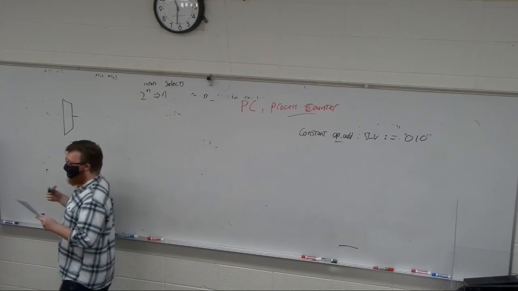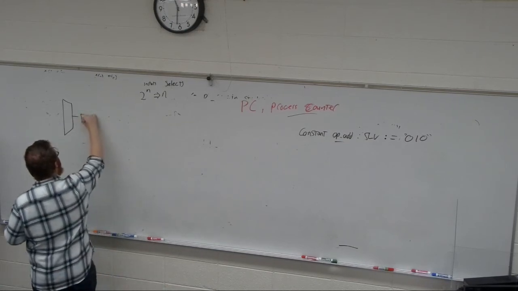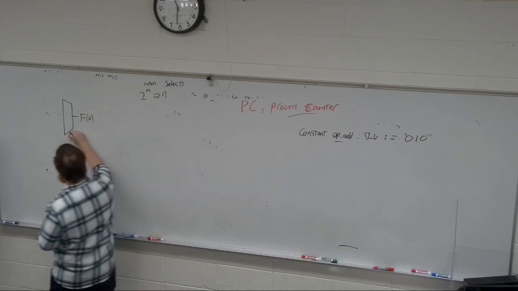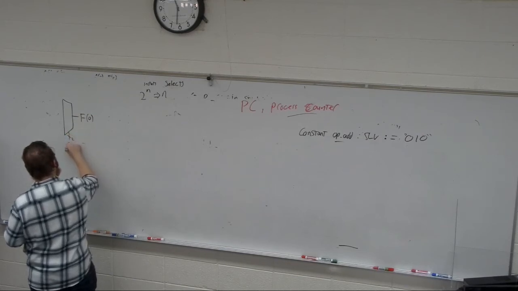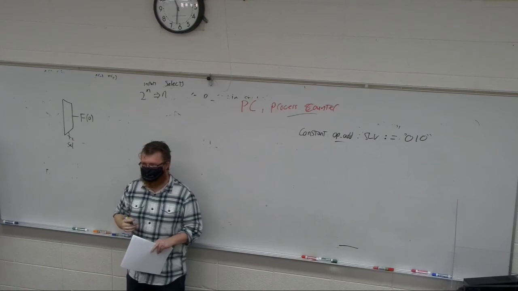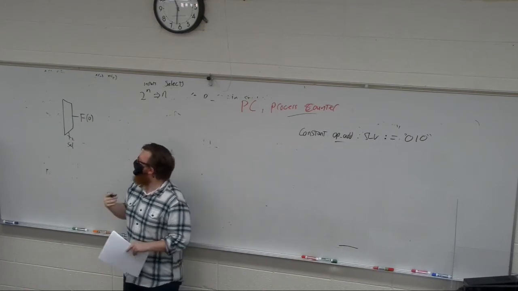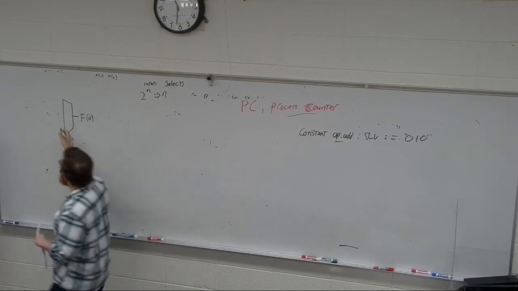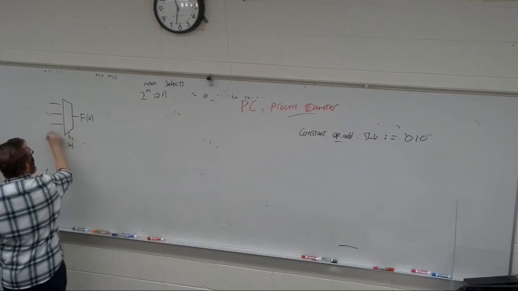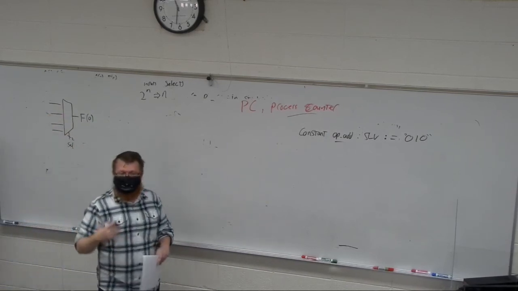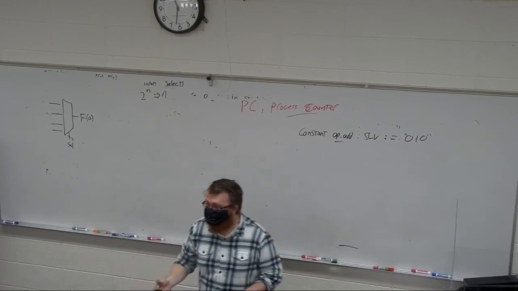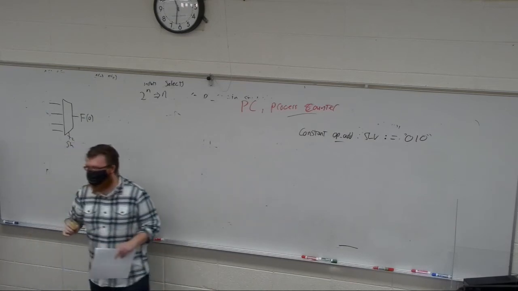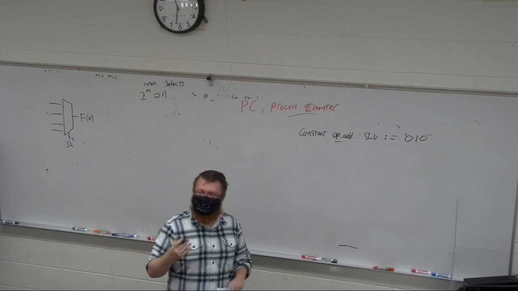Let's call the output F. This is a 4-to-1 mux, so I have a 2-bit select. This thing could be built out of what I drew earlier with the muxes, but let's not worry about the internal workings. Give it 4 inputs. Now instead of select, let's call it shift, and it is now the amount I'm going to shift by.